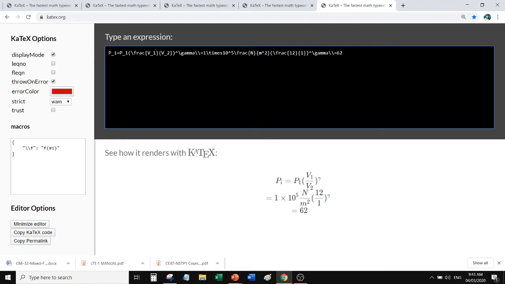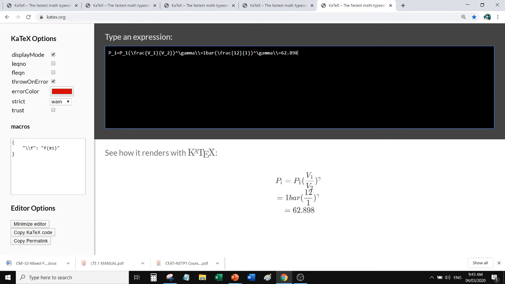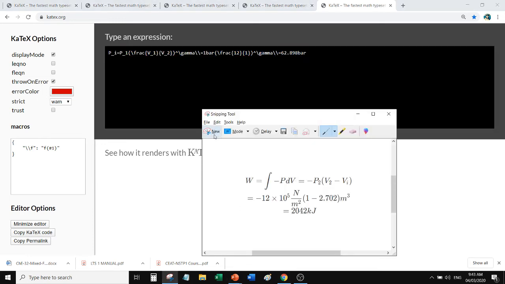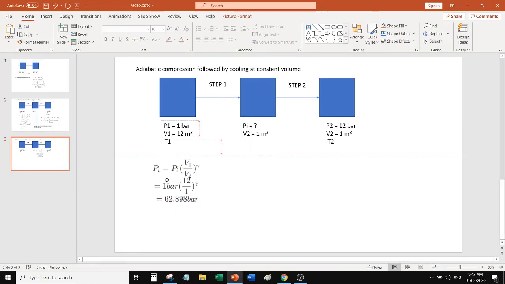So instead of Newton per meter squared, let's just use bars. 1 bar times that gives 62.898 bars. So that is P intermediate for step 1.